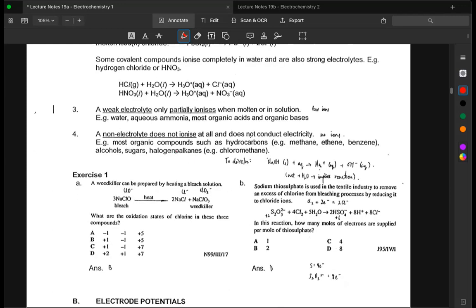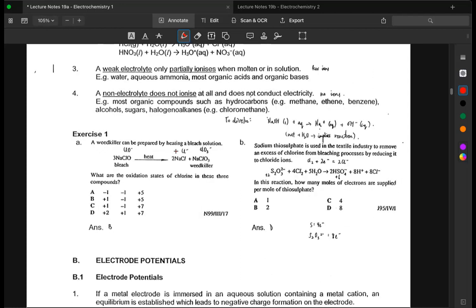But there are also cases where we classify certain compounds as non-electrolytes because they don't ionize at all, like hydrocarbons, alkanes, sugar, alcohol. Okay, these exercises are just a revision, so I will not go through them. You can refer to them yourself, cover the answer and try again.